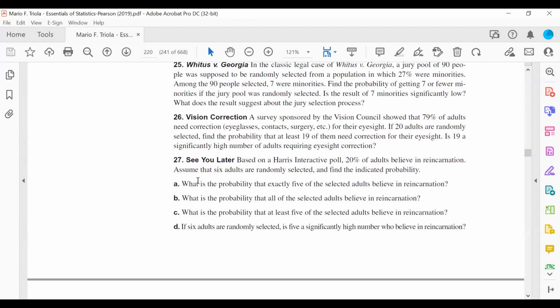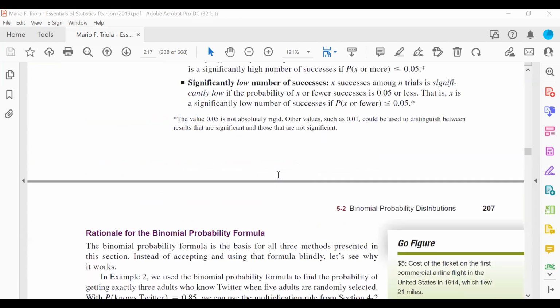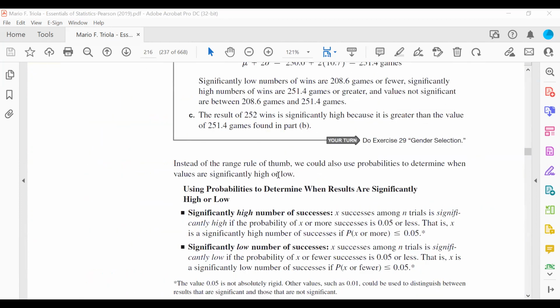Oh, they're asking, is part C a value that's significantly high? Let's see. That's a good question. What was the definition of significantly high? Oh, it's 5 or more.